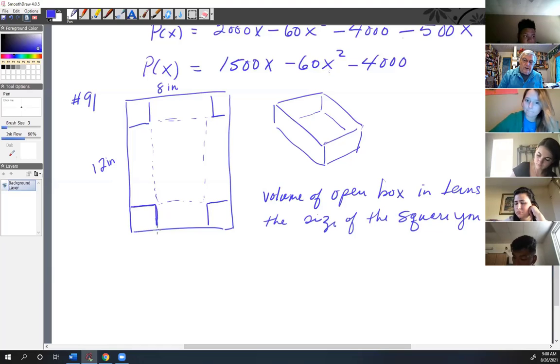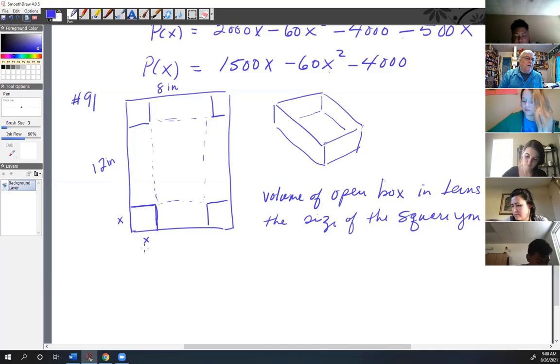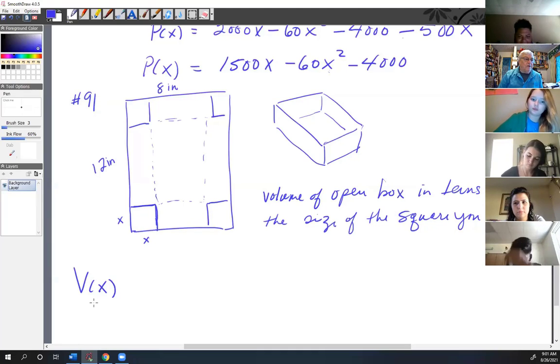I mean, if that's X, it's a square, so that would be X also. So I would just say it's a square X on a side. So really all the question is asking me about is, what's the volume as a function of X?